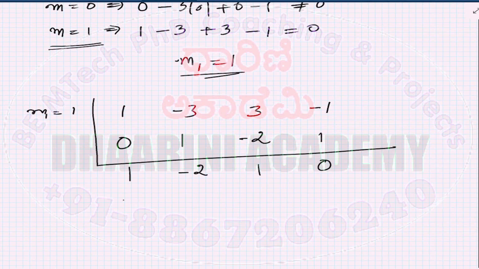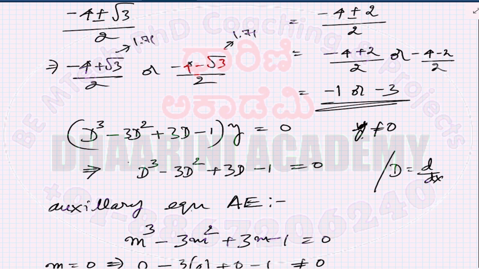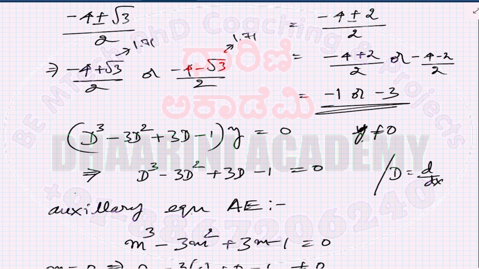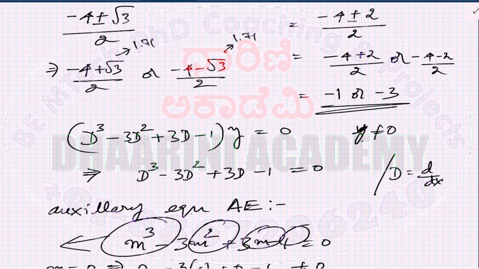Now what I do here, I had an m cube term, referring to this equation. See this equation: m cube, m square, m and this. Out of m cube, I have got one solution. Now how many solutions do I need to find? I need to find two more solutions, two more values of m.